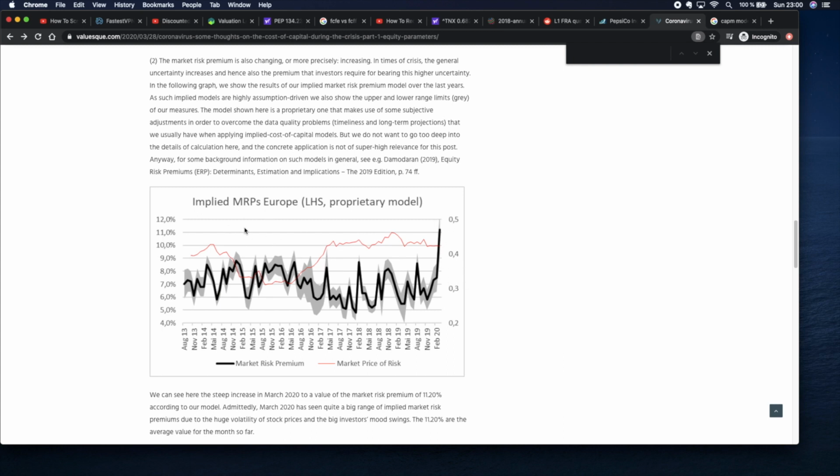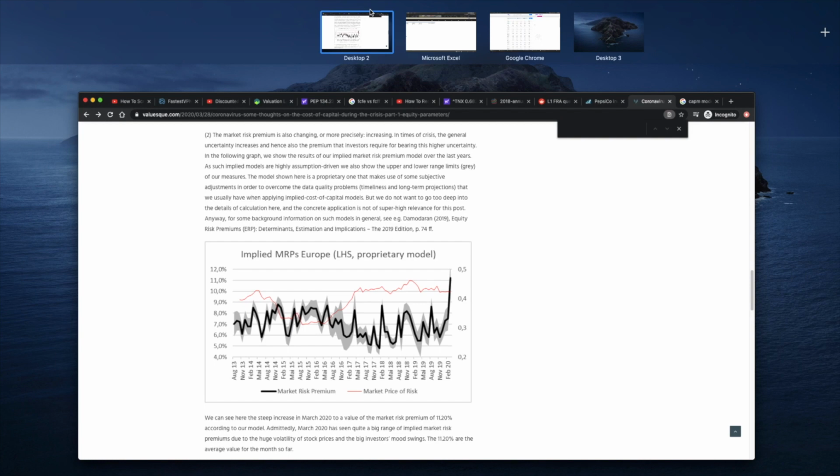It goes up because if you as an investor are going to take on much more risk, then obviously you want a greater return on your investment. So that's not too weird.